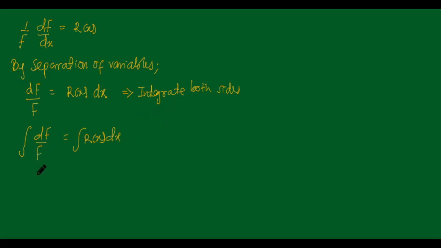So on doing this, we know that by integrating df over f, we have ln f, which is a function in x only, which is equal to the integral of r(x) with respect to x. So this means we have f(x) to be equal to e raised to the power of the integral of r(x) dx.